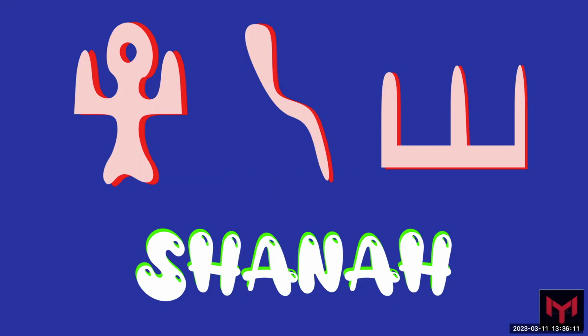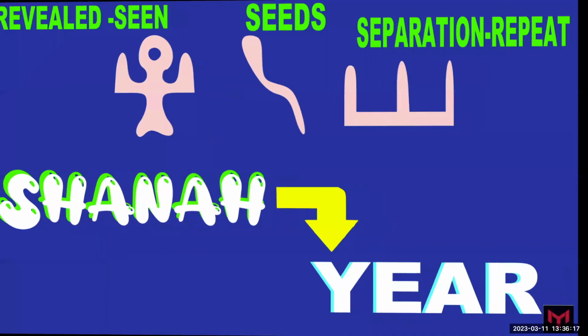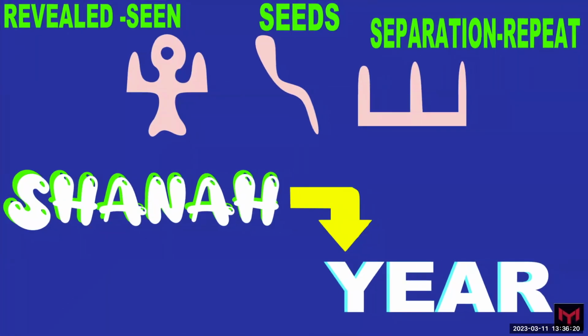Shana: separation, or repeat of the seeds that are being revealed. Because we're agricultural people, our planting season controls our year. So we know what type of year it is by what's coming up.